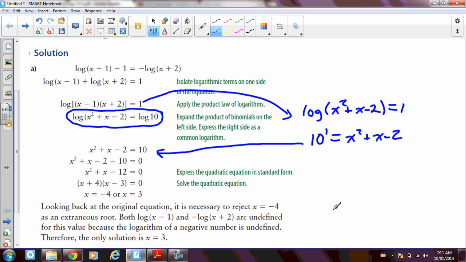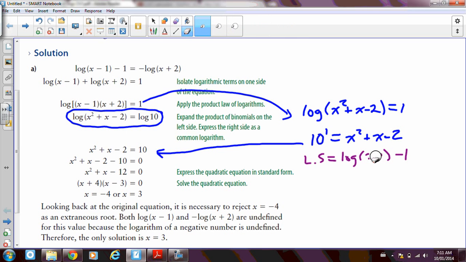If we're testing a value to see if the left side equals the right side, our tendency is to write left side is equal to log of x minus 1, minus 1. Excuse my writing here. This is how we would have started this before. We would then plug in log of negative 4 minus 1, minus 1.